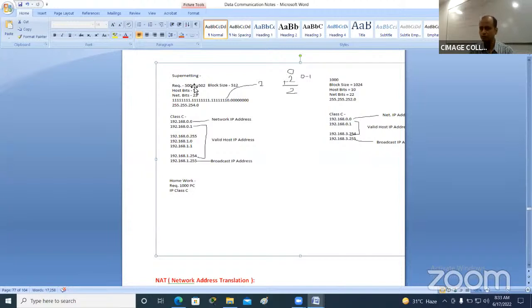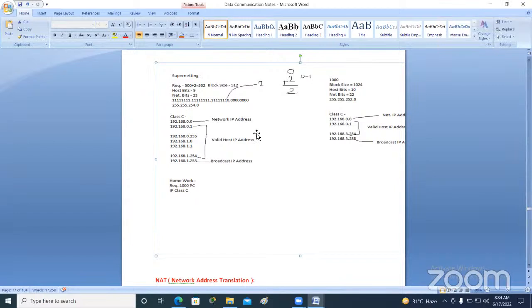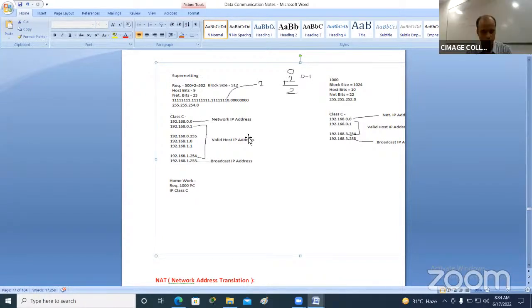Then, as per our subnetting or VLSM concept, the number of host bits will be 9: 1, 2, 4, 8, 16, 32, 64, 128, 256, and 512. Then the host bits will be 9.